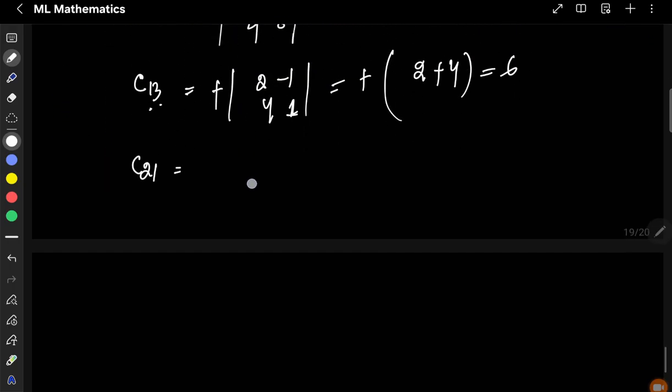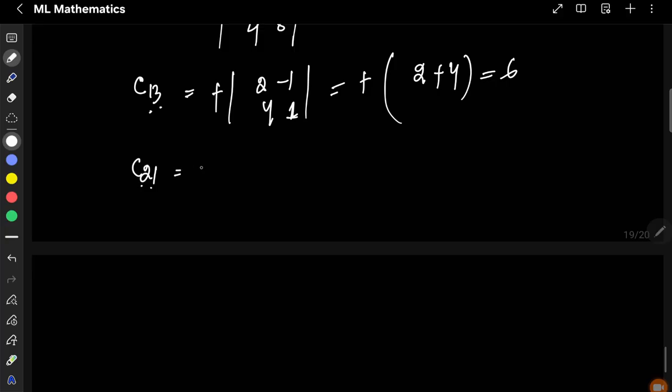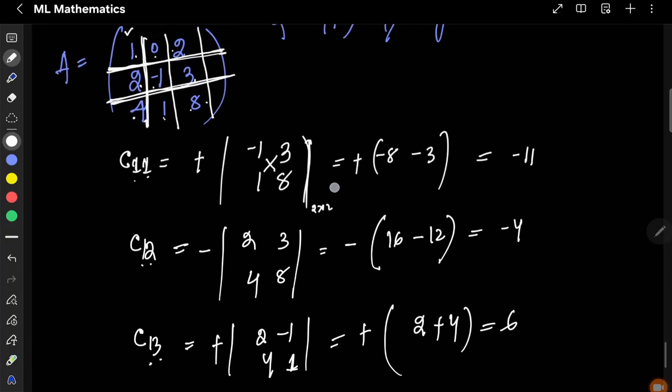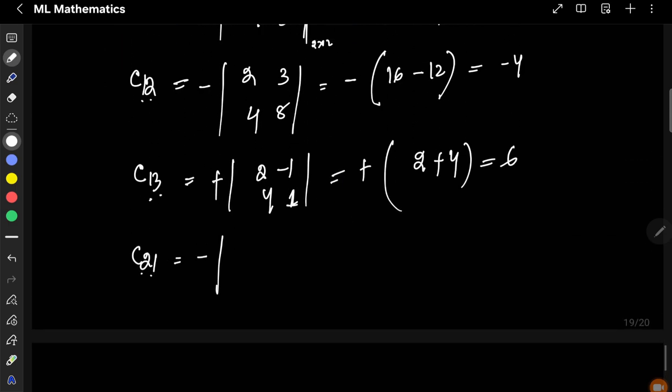See carefully, so this becomes 2 plus 1 is 3, minus. Then the remaining numbers are 0 2, 1 8. Find the determinant of it. So 8 into 0, 0 minus 2 into 1, 2, is nothing but plus 2.